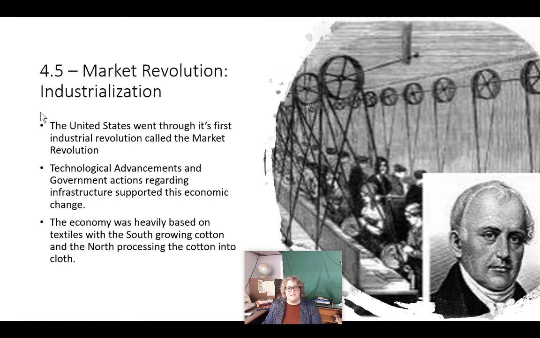And this market revolution is really going to center on cloth, on textiles. So the South is going to grow cotton, the North is going to produce the cotton, and as such, we have a kind of symbiotic relationship between the two regions. But they will always be in tension economically as well. So we'll cover that.